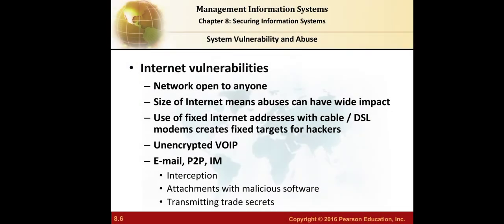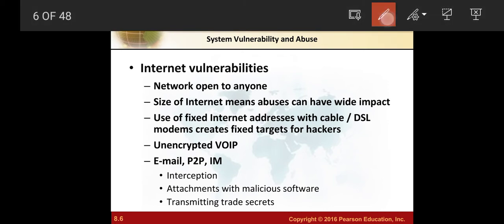So let's go to the next slide about system vulnerabilities and abuse. If a network is open to anyone, you face internet vulnerabilities. Another thing is the size of the internet means abuses can have wide impact.